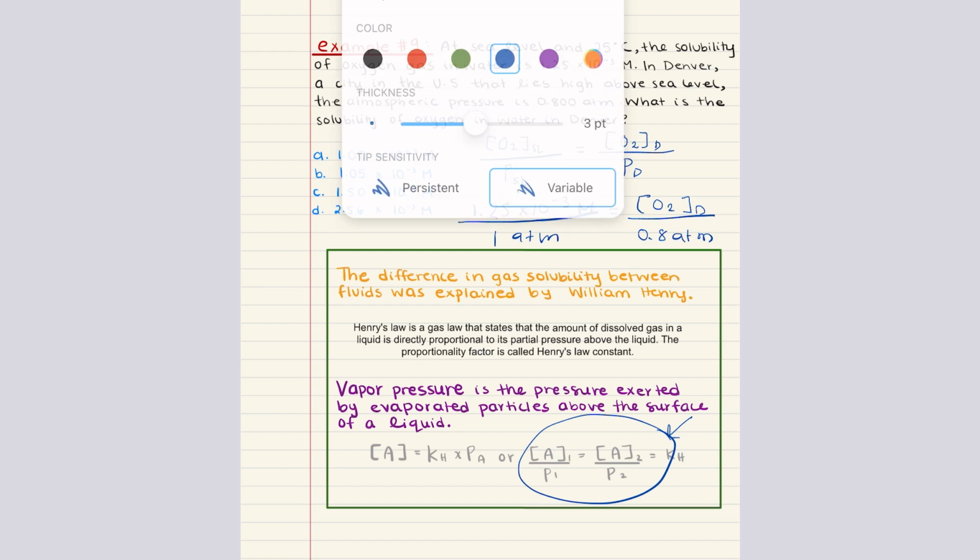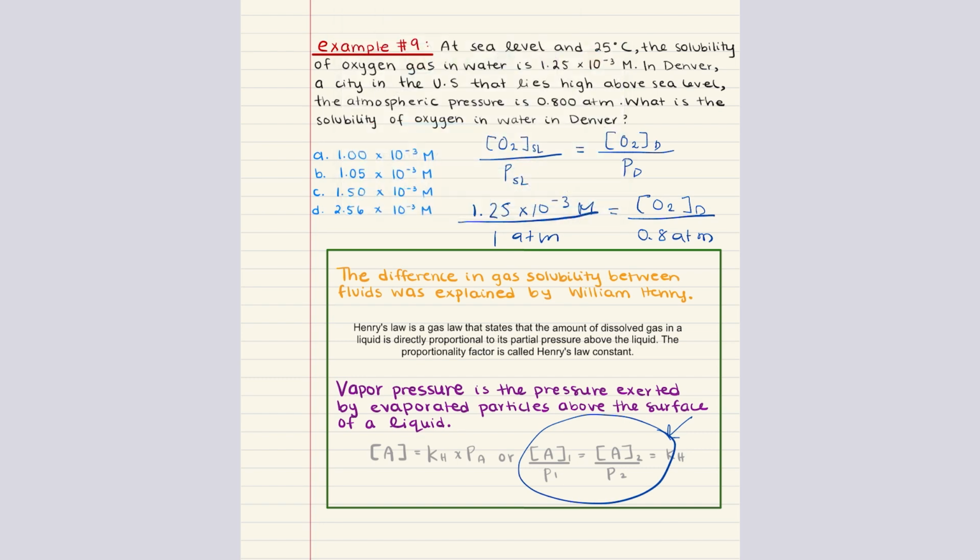So now that we've set this up, the rest of this is just a math problem. We want to solve for the solubility of oxygen gas in Denver. That's going to be equal to 1.25 times 10 to the minus 3 multiplied by 0.8 atmosphere, all divided by 1 atmosphere. Now we're essentially just dividing by 1, so we can just ignore that portion anyways.